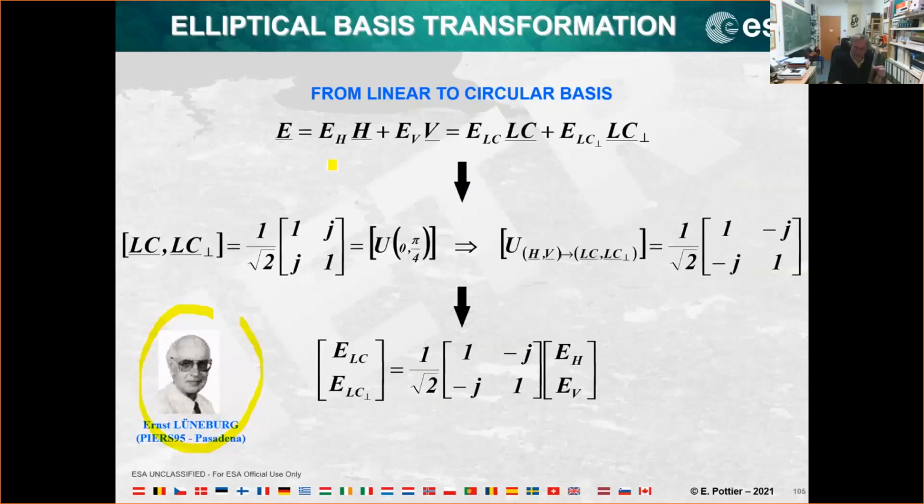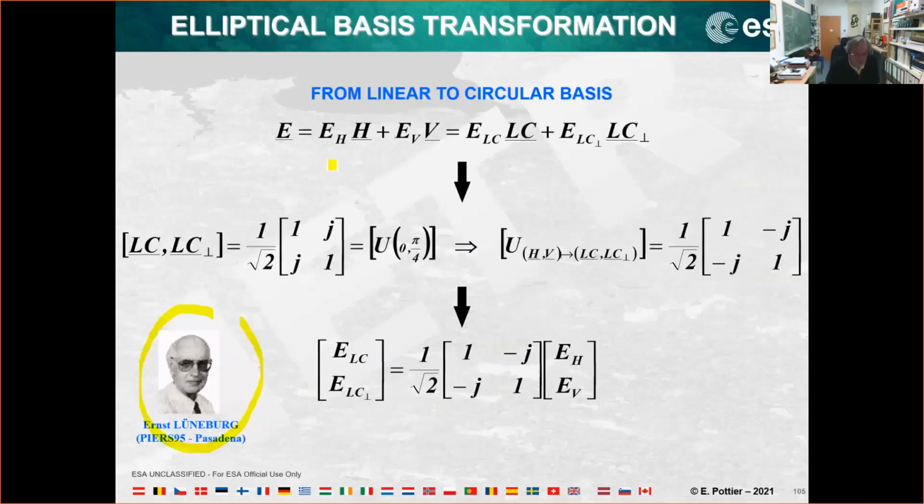But it's impossible to create an elliptical polarization antenna, because it's very sensitive from a hardware point of view. It's very difficult to create a pure orientation angle or a pure ellipticity angle from a hardware point of view.